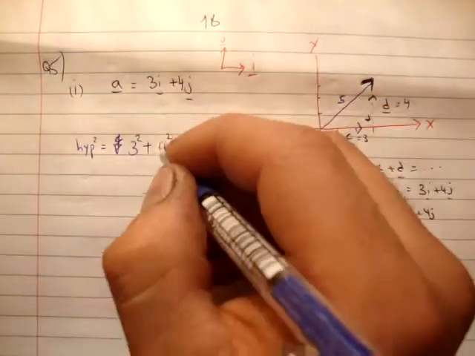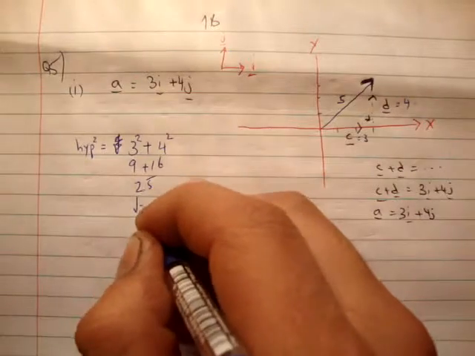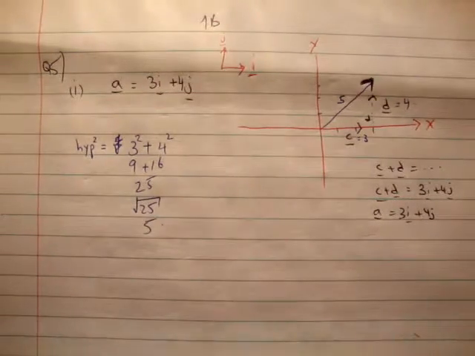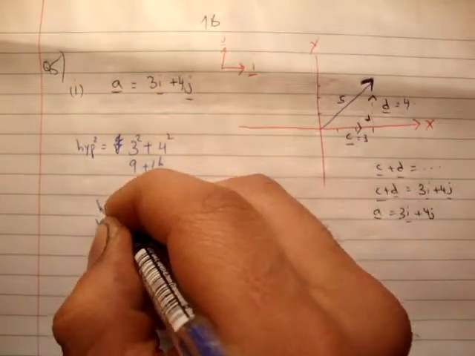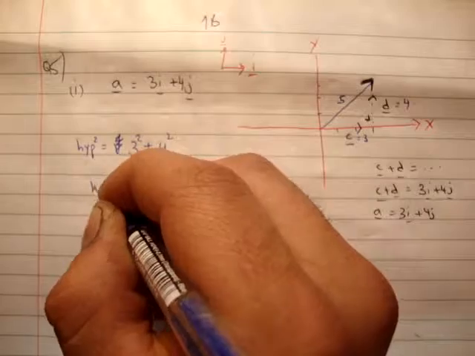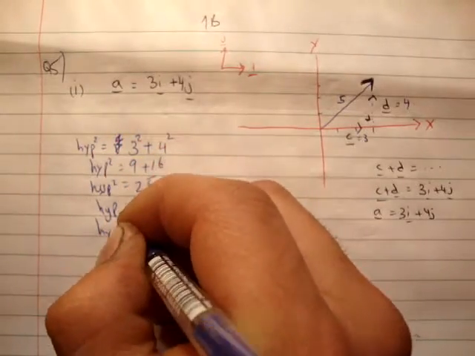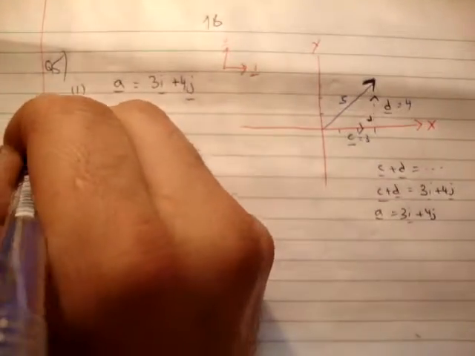So you get 9 plus 16, which is 25, and the square root of 25 is 5. I hope that makes sense to you. There it is explicitly for you by Pythagoras.